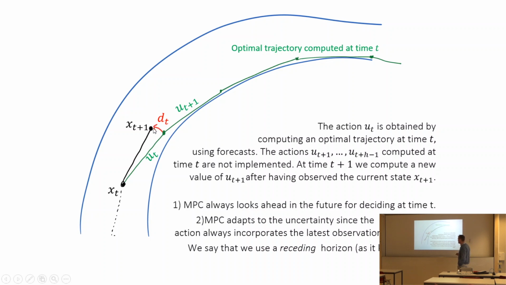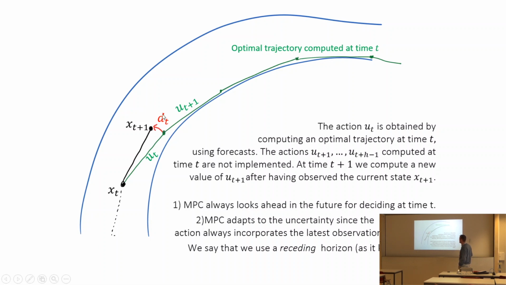So at time t plus 1, for a car that means perhaps 15 milliseconds later. For a house where we control the temperature, perhaps it means 15 minutes later, depends on the inertia of the system. So here, at time t plus 1, we will be here. And the difference is because of the disturbance that has been played by nature and all the random things that we could not forecast exactly.